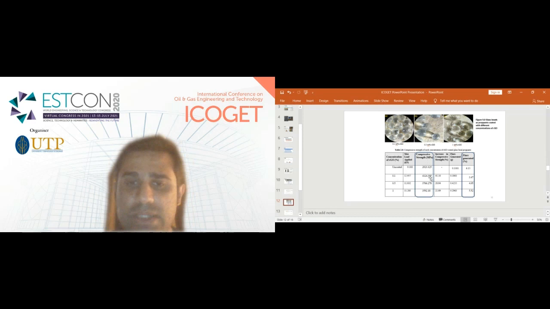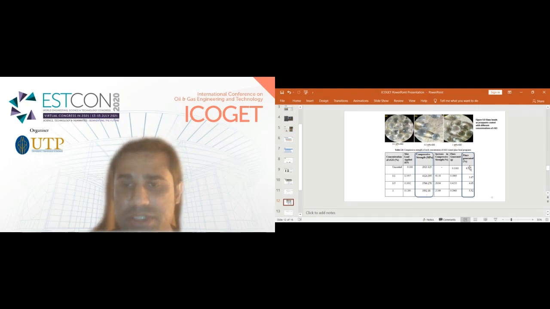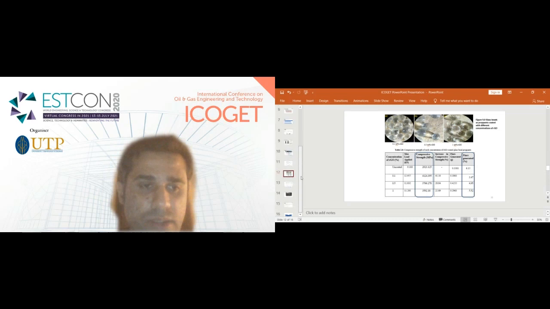When the carbon content is increased further from 0.1 to 0.5 weight%, we see a decrease in the compressive strength, and when the carbon content is increased further to 1 weight%, we see a further decrease in the compressive strength. For the fine generation, as the carbon content is increased, we see an increase in the generation of fines.